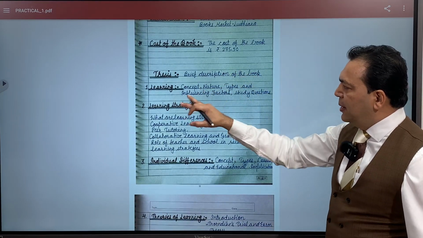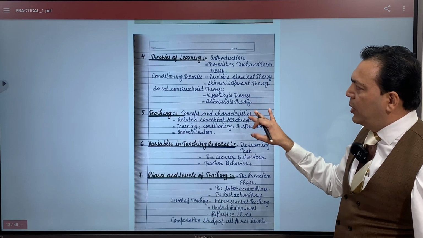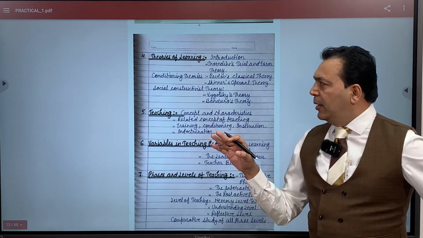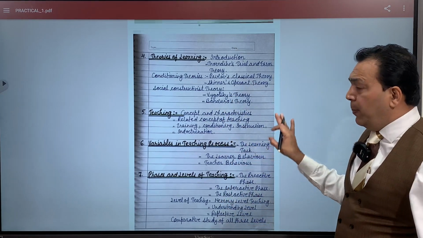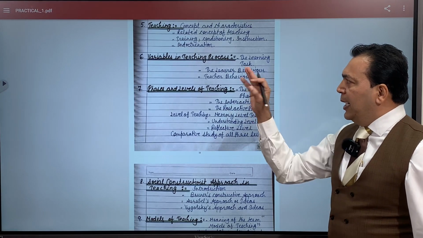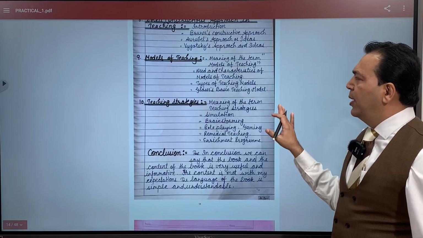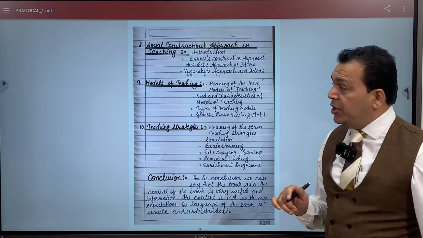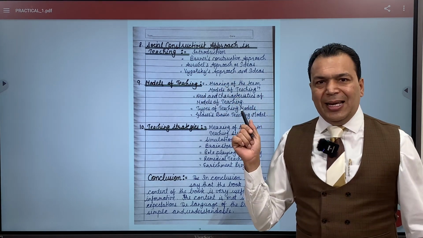Under the thesis, these are the contents of the book: learning strategies, individual differences, and theories of learning. These are the chapter names, because you are reviewing each and everything. Teaching, variables, phases, the social constructive approach, by Bruner, Ausubel, Vygotsky, right?